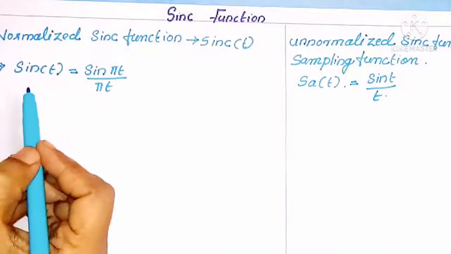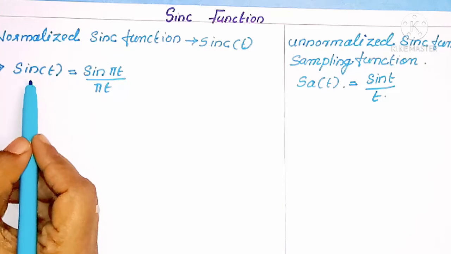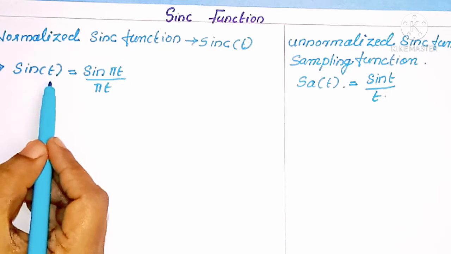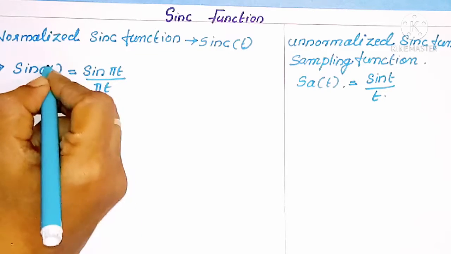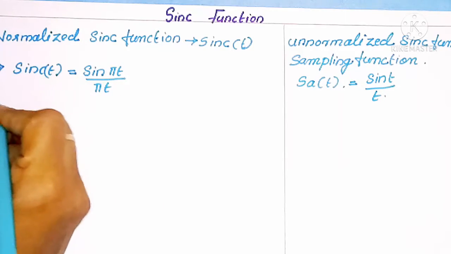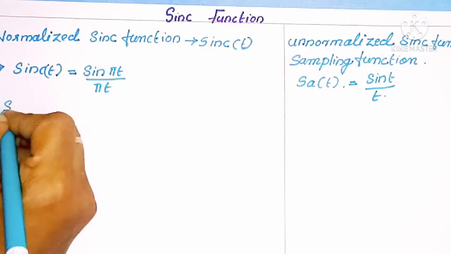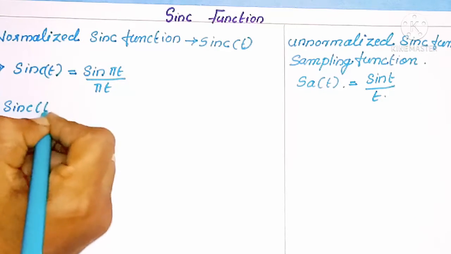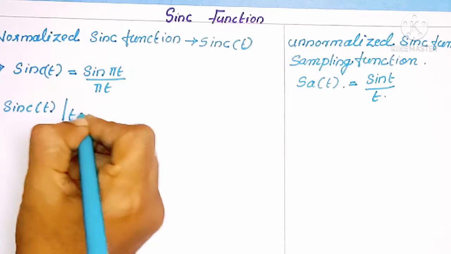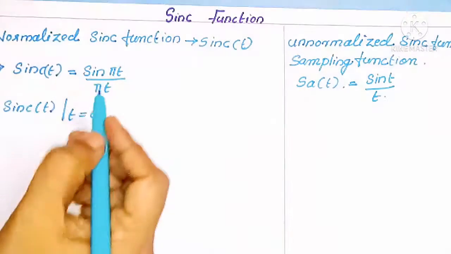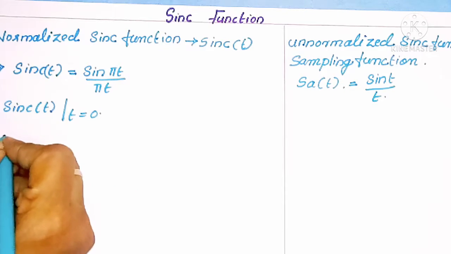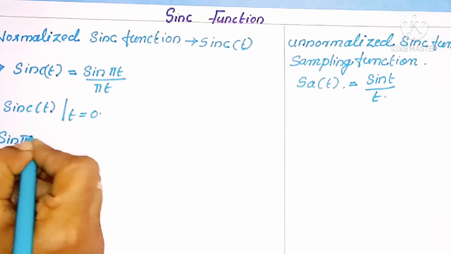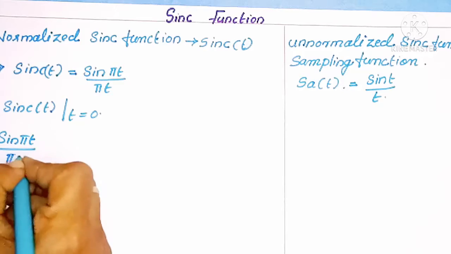First, we are going to find out the sinc function value at t equal to 0. What is sinc of t at t equal to 0? Here we can substitute t equal to 0 in sin pi t by pi t.